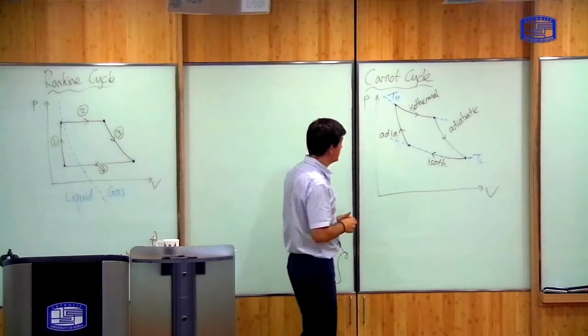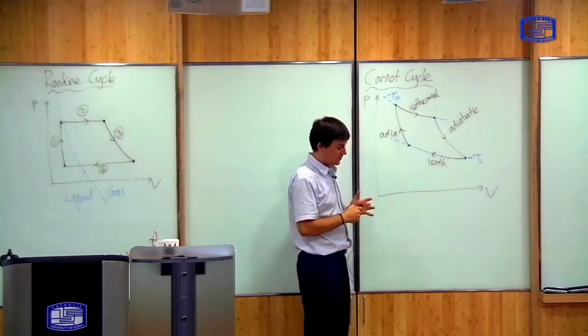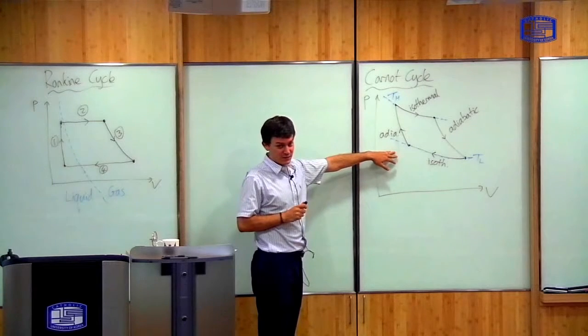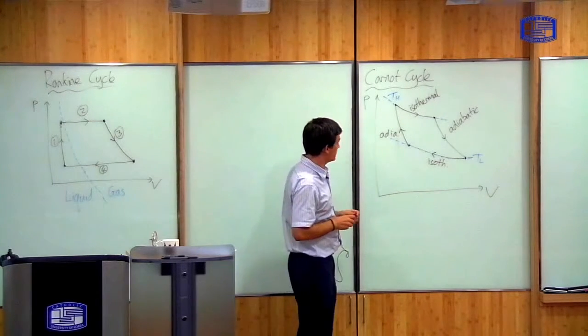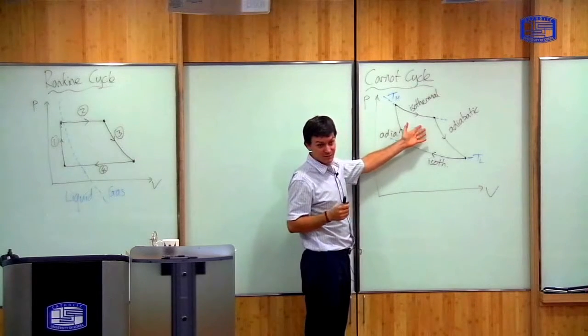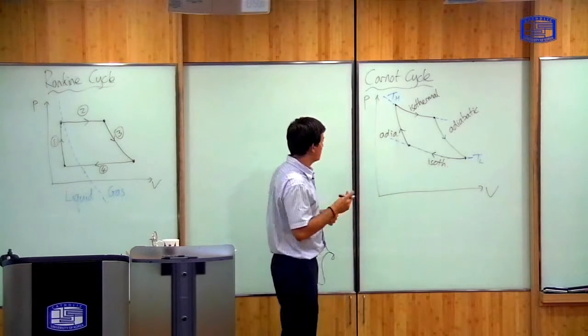Now, the Carnot cycle is important for theoretical reasons because you can prove that it maximizes the efficiency of the heat engine. So if you want to know what's the maximum efficiency heat cycle, it looks like this. Okay. And we will prove this probably next week.